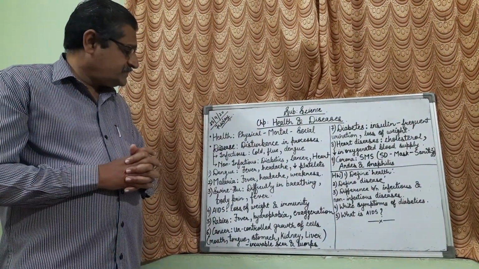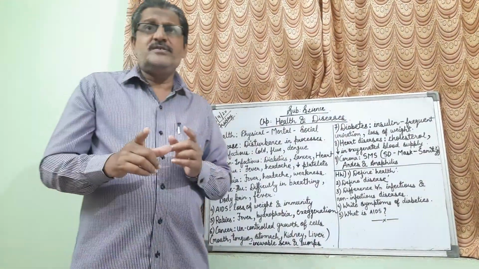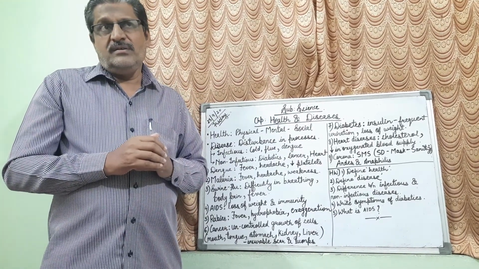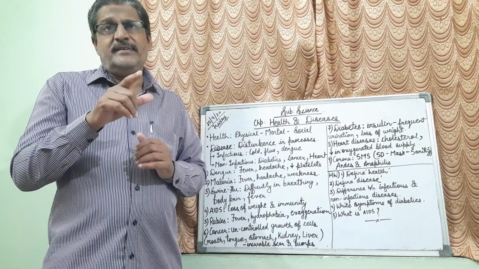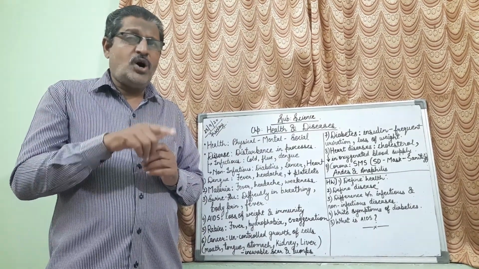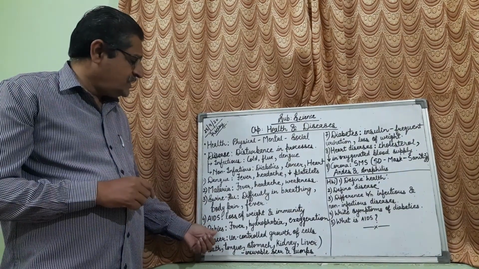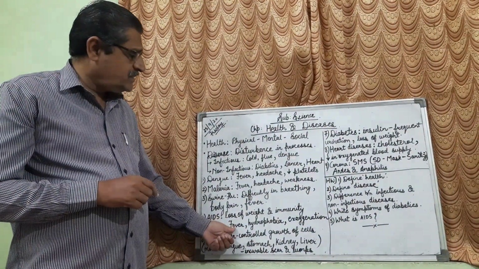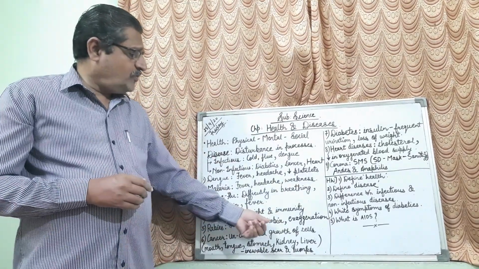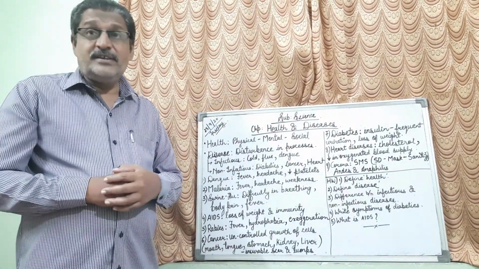Then rabies. This disease is caused by the bite of a dog. If the dog is not vaccinated, that dog will cause this disease. The name is rabies. In rabies, there is fever, hydrophobia and exaggeration. Now, what is hydrophobia? Listen carefully.